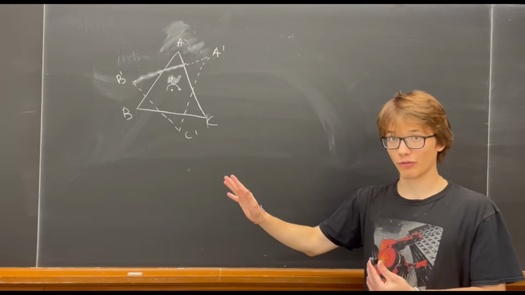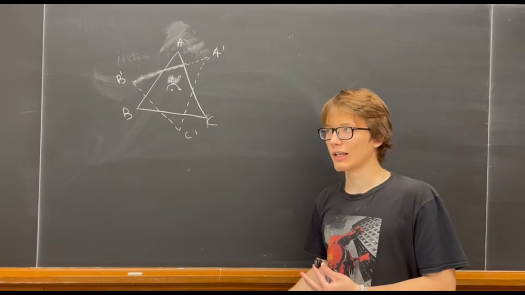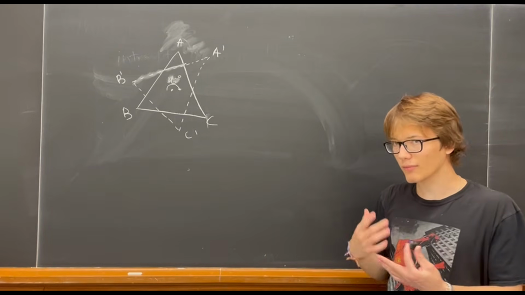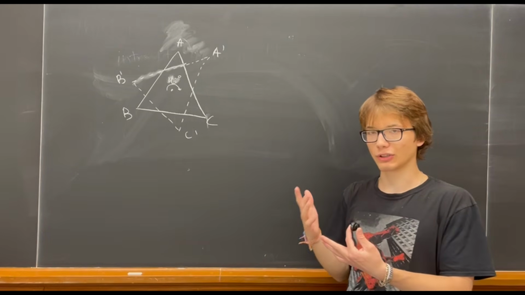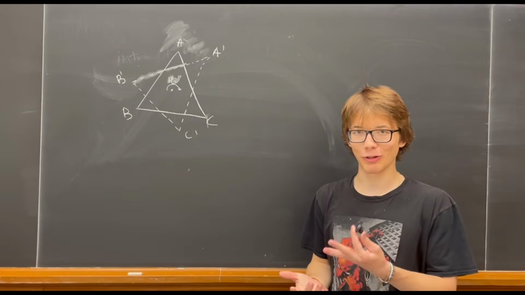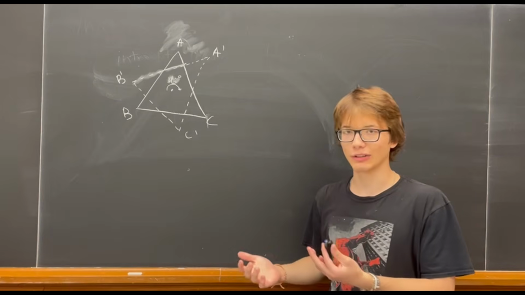So the main idea of my proof is that we will be just rotating the picture, and the point of that is we know that the triangles constructed on the sides are equilateral, and one of the main properties of those triangles is that each angle is 60 degrees.